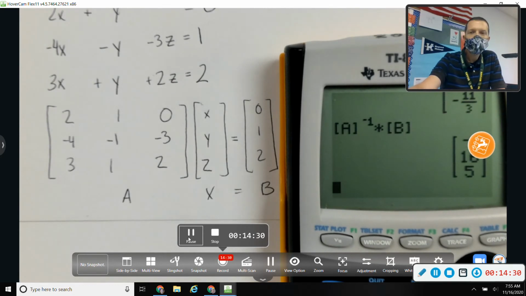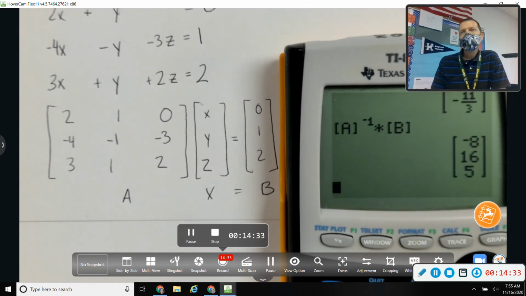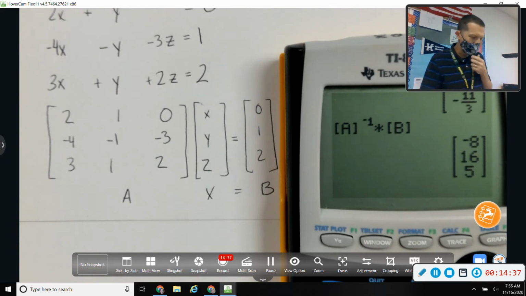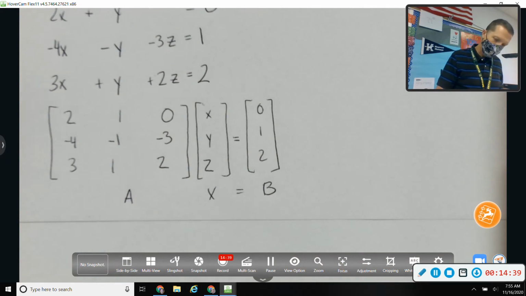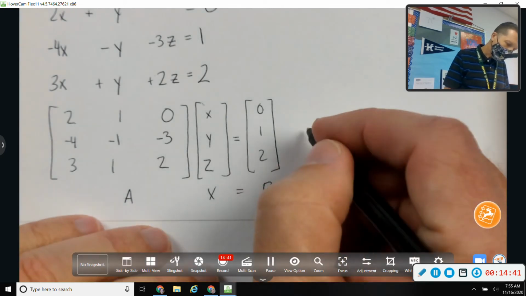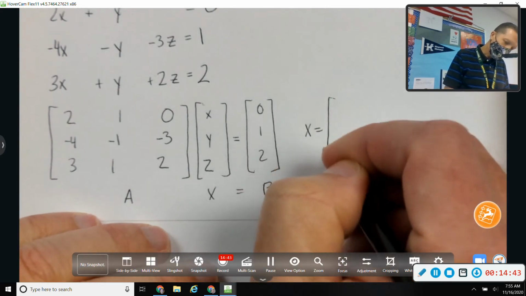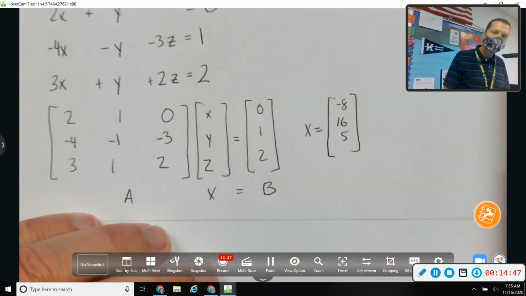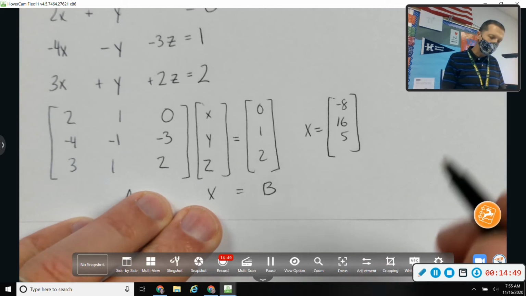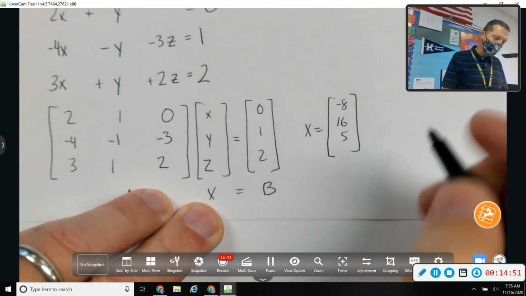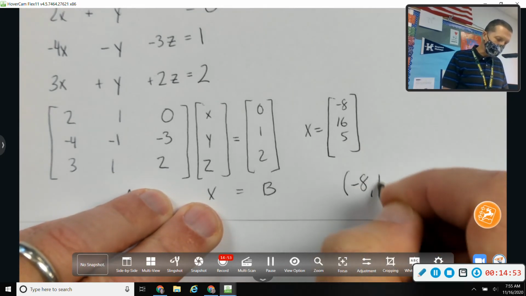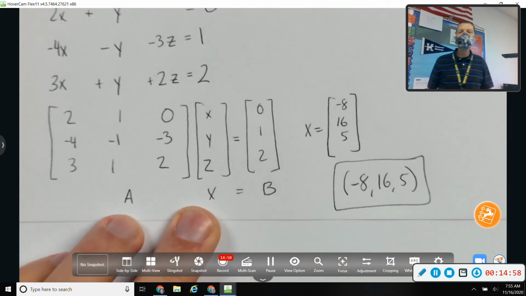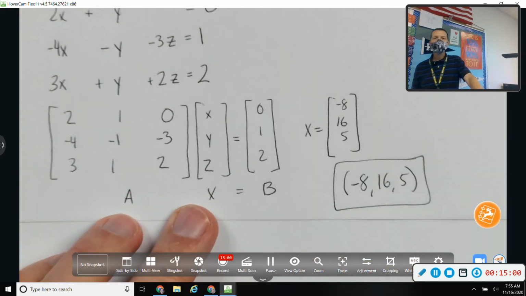Oh, it's hidden. There we go. So if you remember that, it saves you a little bit of time. Not a ton of time, but makes things a little bit easier. So the matrix X is negative 8, 16, 5. That is not your final answer, though. You need to say X equals, Y equals, Z equals, or most people will just switch to the ordered pair, or in this case, ordered triple notation.